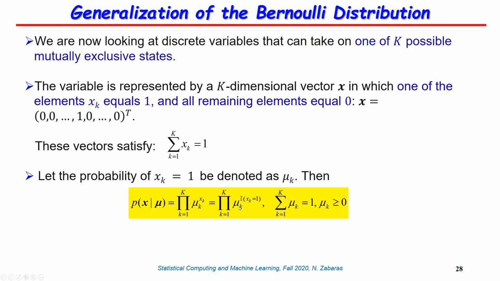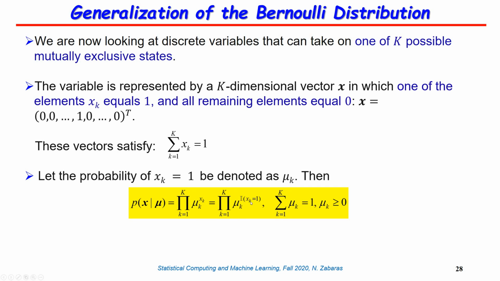Here I have the product of these terms for all possible values of k because I have capital K states. So for example, if only x_2 is equal to 1 for this particular x, then this whole product is going to give me just mu_2 and all the other terms are going to be equal to 1.